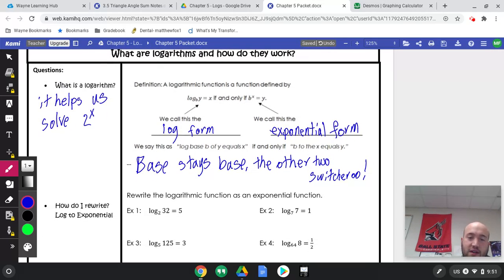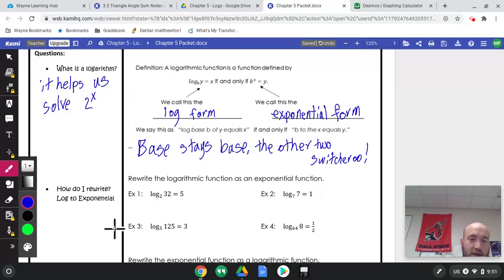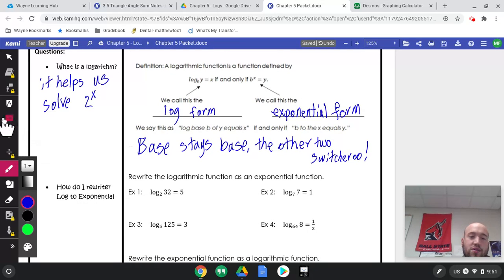Now, what I mean by that: remember the base is the b. Right now it's in log and we want to go to exponential. So when it's log to exponential, our final answer is going to have no more log in it, because we are now in exponential. Base stays base means 2 will still be the base.